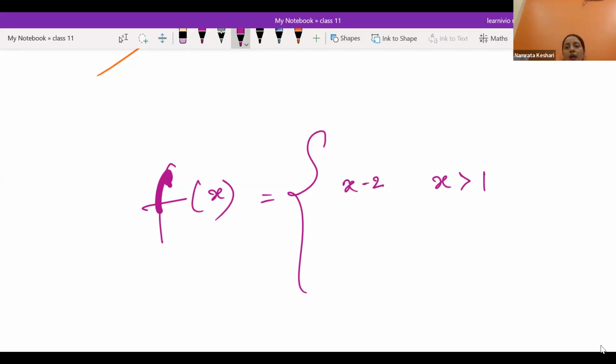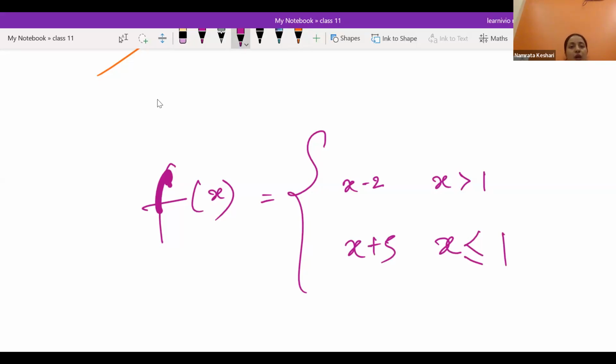And when x is smaller than, wait, just like this. This is an example of a piecewise defined function.